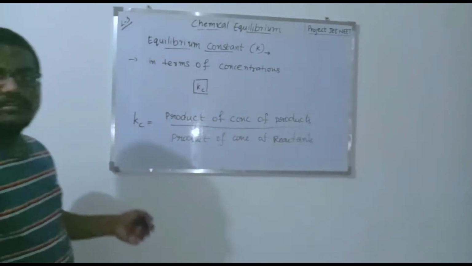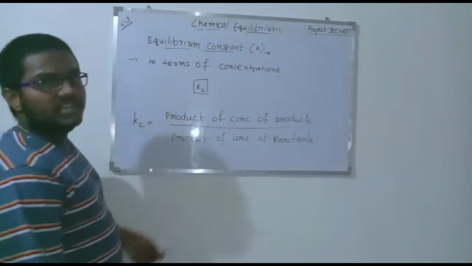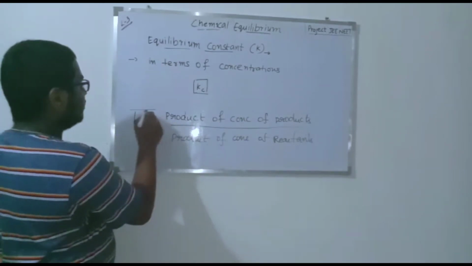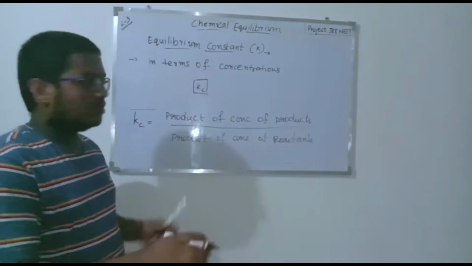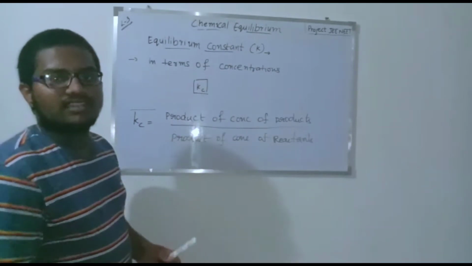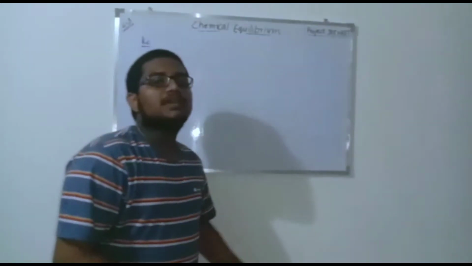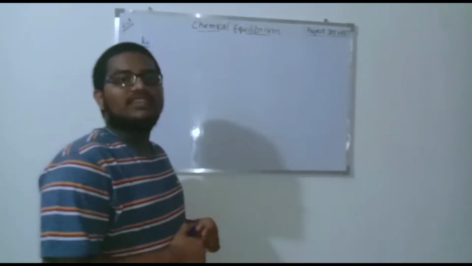This is the main formula to be noted because this is the basic concept regarding the equilibrium constant. Let's discuss it more briefly in the next discussions. This concept is also known as the law of chemical equilibrium.